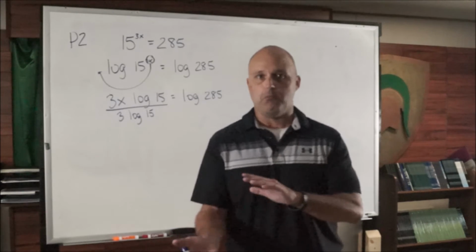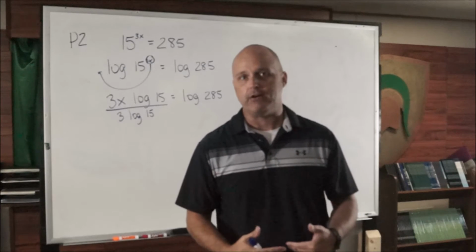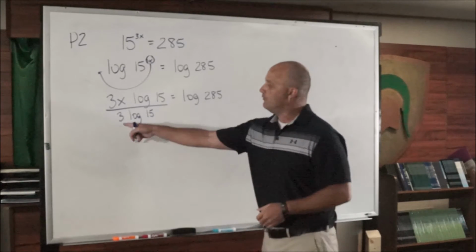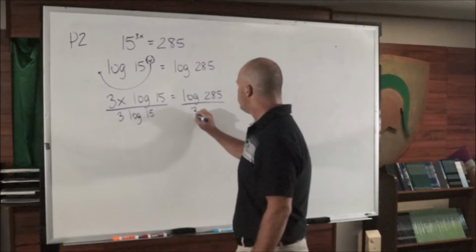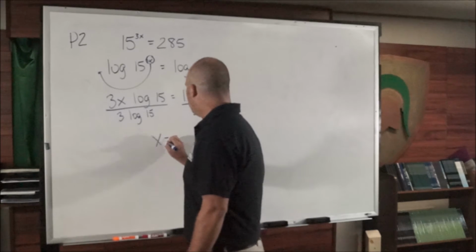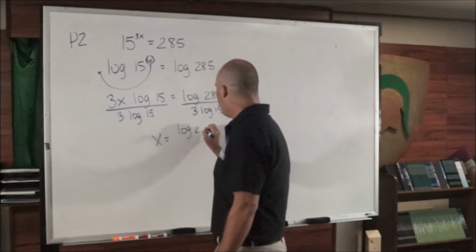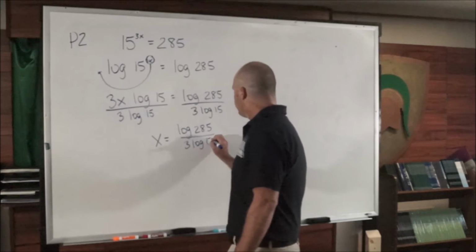If you can multiply them in any order, then that means that they can both be taken out at the same time. So if we divide one side by 3 log of 15, we're going to divide the other side by 3 log of 15. So x is equal to log 285 over 3 log 15.